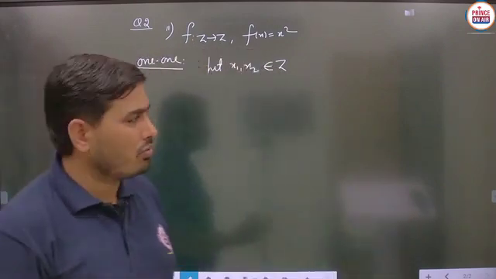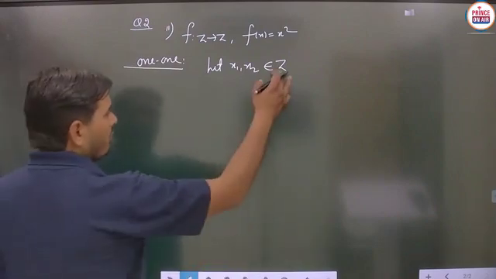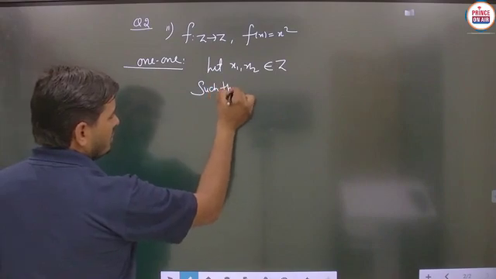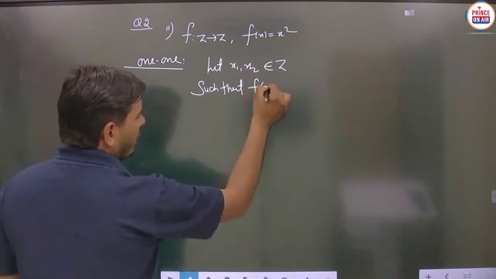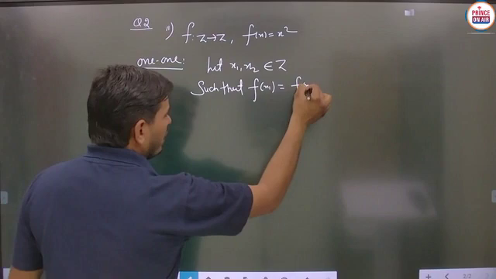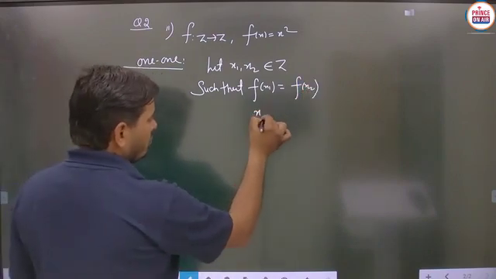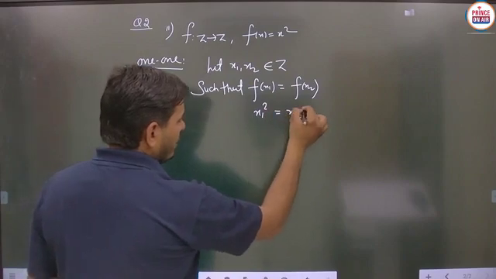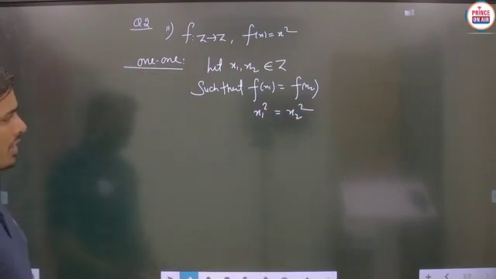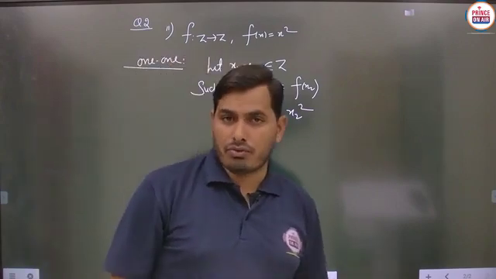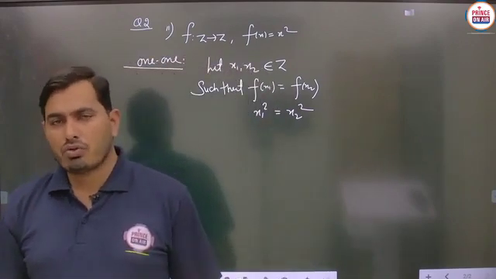So let x1, x2 be such that f of x1 equals f of x2. Now this is written as x1 square, and this as x2 square. Now, student, x1 square equals x2 square. Now the problem is that either x1 equals x2 or x1 equals plus or minus x2.